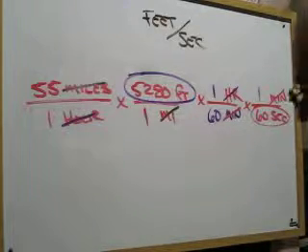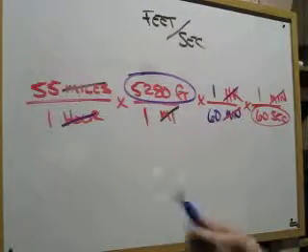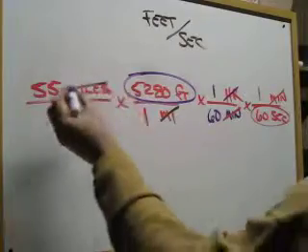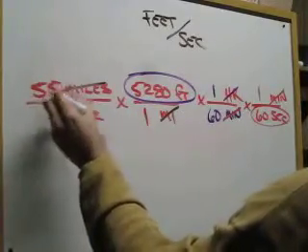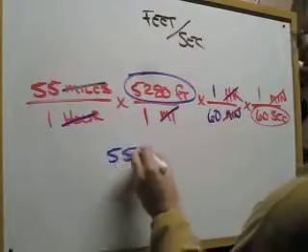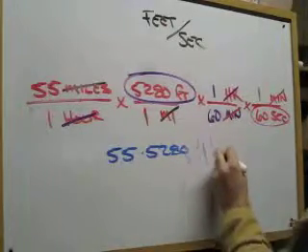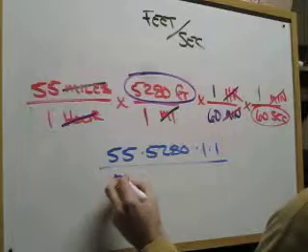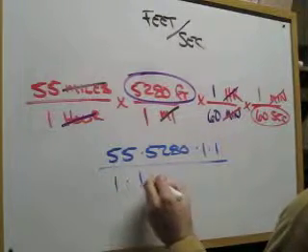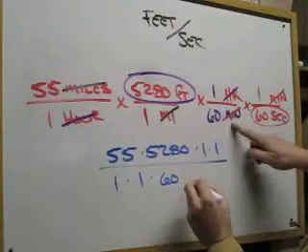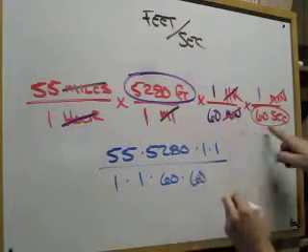Alright, and this is the part that gets kind of confusing, because now you've got a whole bunch of stuff to multiply and divide. We're going to multiply 55 times 5,280 times 1 times 1. And we're going to have the 1 hour times 1 mile times 60 minutes times 60 seconds.